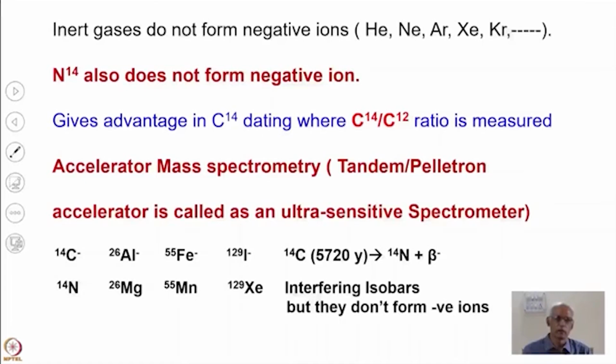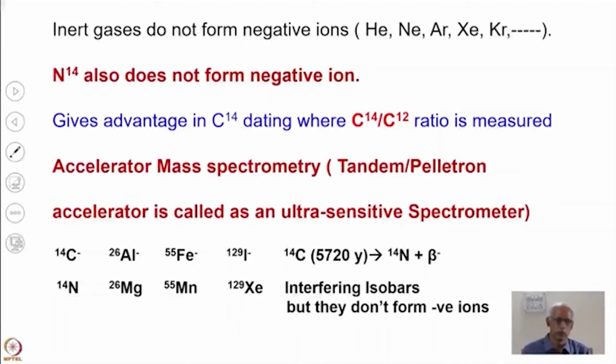as accelerator mass spectrometry is concerned, where we measure, let's say, the carbon 14 to carbon 12 ratio. Since nitrogen is not forming negative ions, it does not interfere with the carbon 14 dating, and we are able to do good measurements.